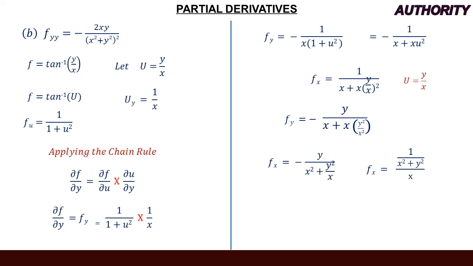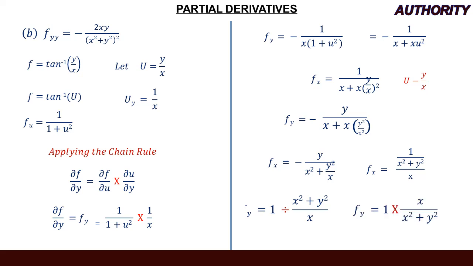Good. Now pay attention to this. This expression is the same thing as saying 1 divided by x squared plus y squared all over x. And then when we want to perform this operation, this division is going to turn to what? Multiplication. And then we're going to have inversion. So the denominator is going to come up to numerator, and the numerator will go down to denominator, okay?